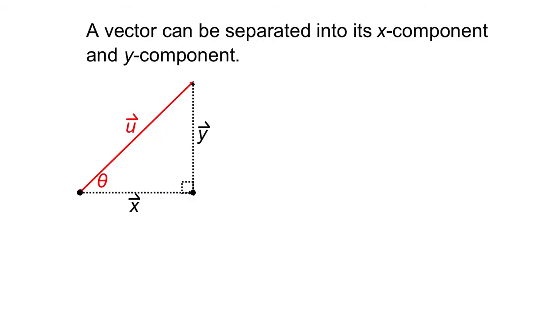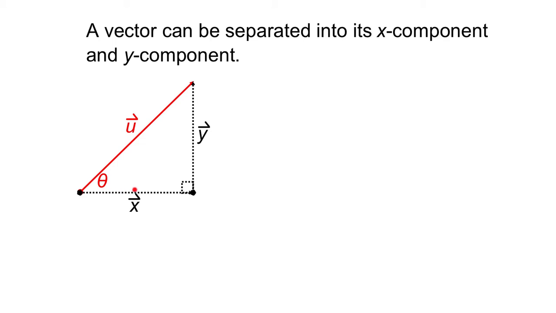The first thing I want you to understand is that any vector can be separated into its x component and y component. So for an example, here's my vector u in red. It's going right and then a certain degree up. I can separate that into different components.